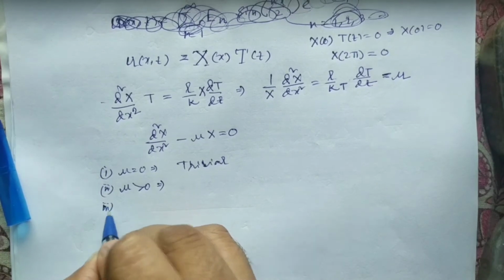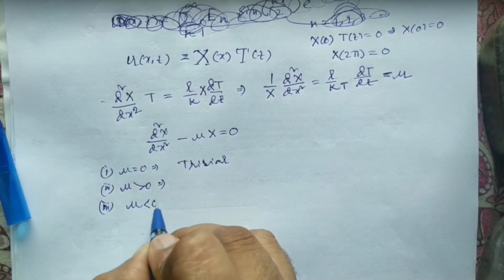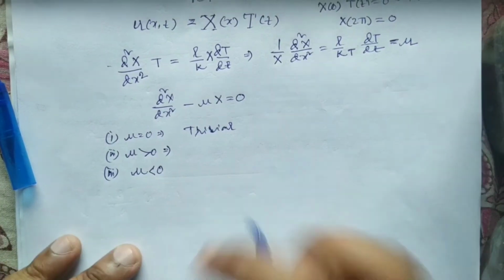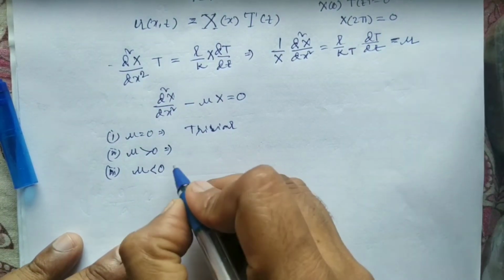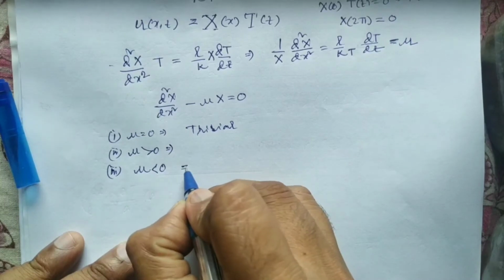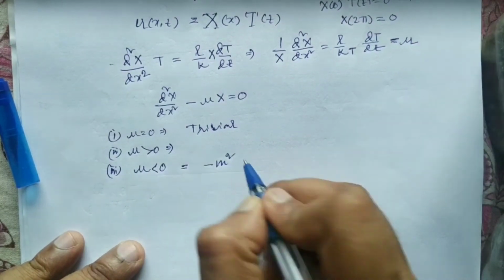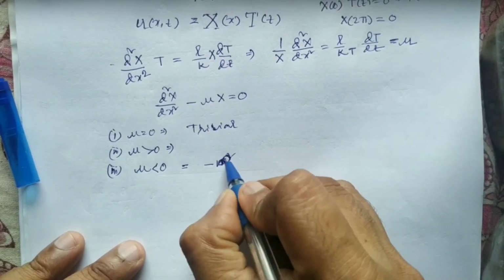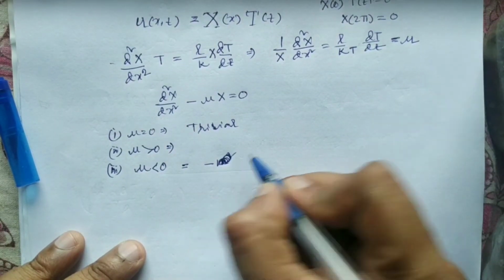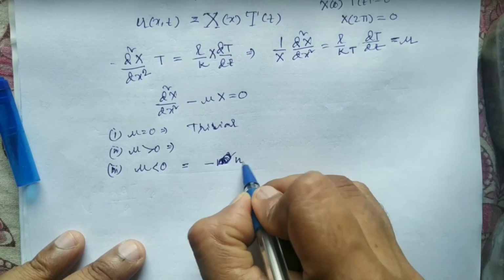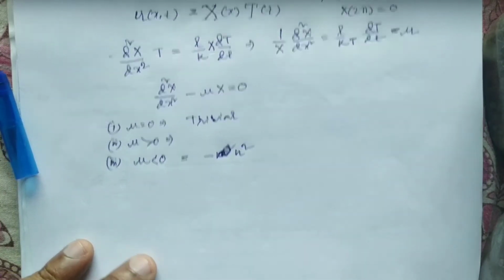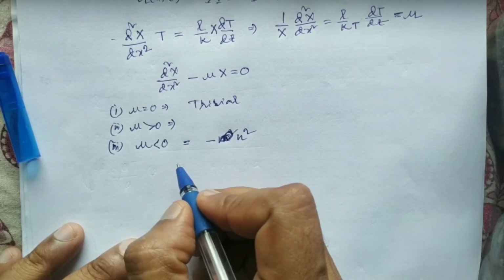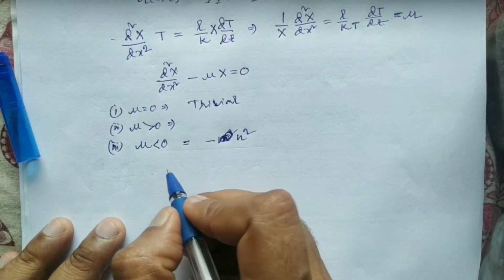Come to number 3, mu less than 0, and as mu is less than 0, we are assuming that this is equal to minus n square, so that we can match our results. Normally we do write our results using n.